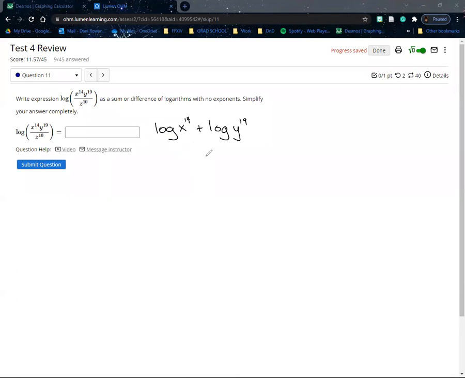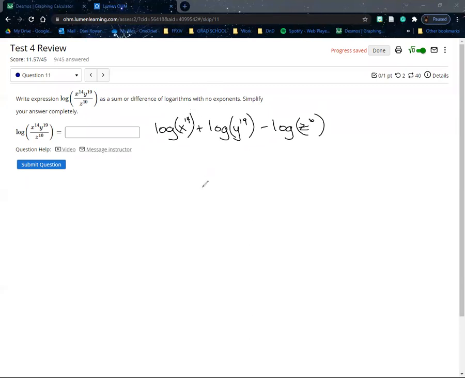Minus log z to the 10th. It's good if you don't write it like I just did. I'm just going to go back and put these in parentheses so it's not confusing.